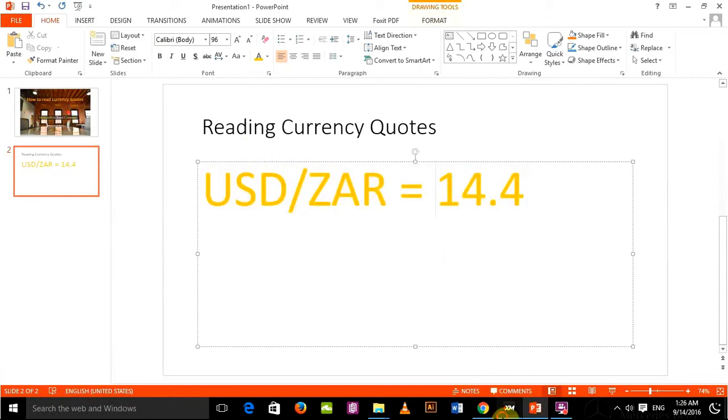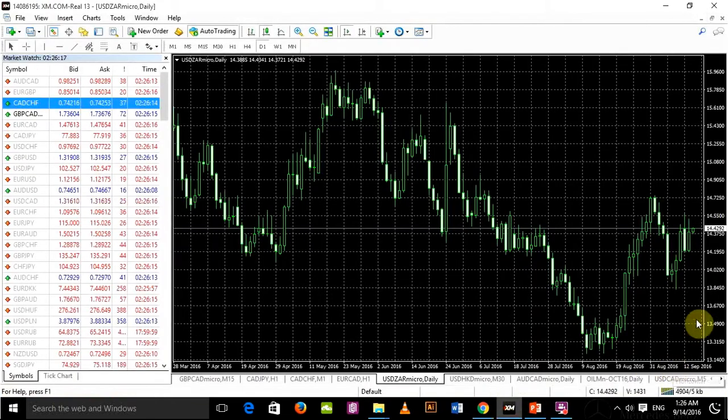And quickly, I want us to look at a live chart. So we have a chart here that expresses the change in price of the currency pair USD ZAR. ZAR is your South African rand for those of us who do not know. So it's the US dollar against the South African rand.